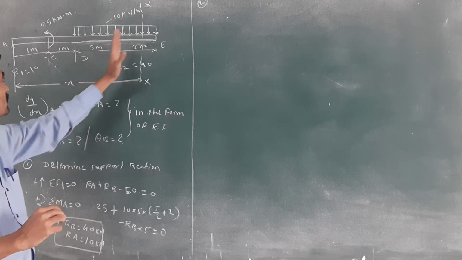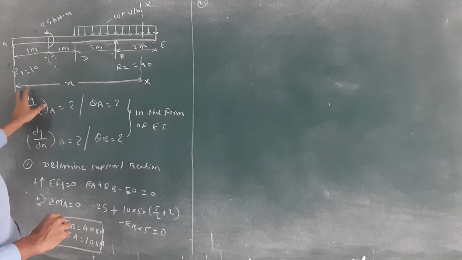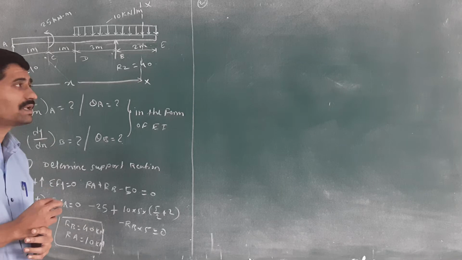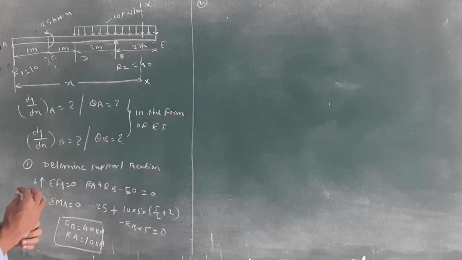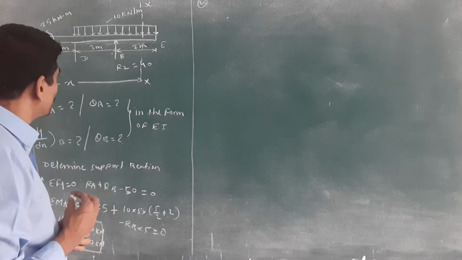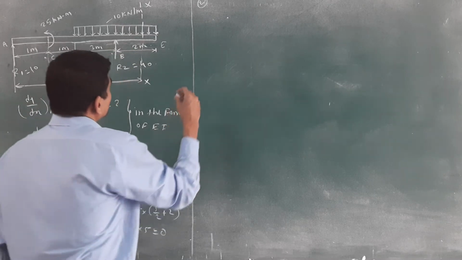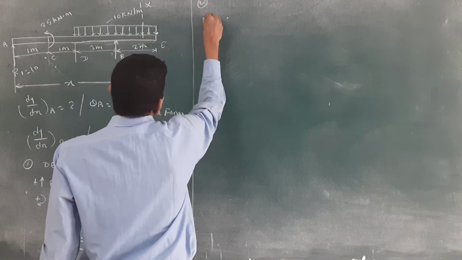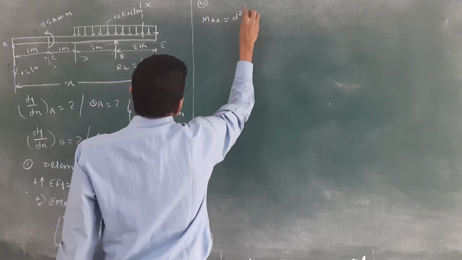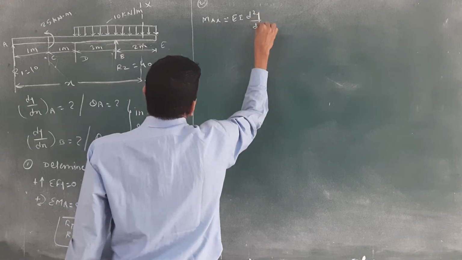You have to consider the section XX in the last part of the beam at a distance x from the left hand. Then the next step is to take the moment about that section XX. You know that Mxx is equal to EI d square y by dx square.